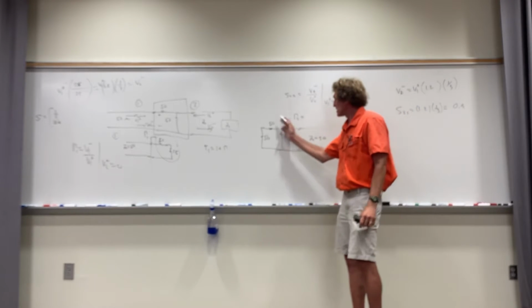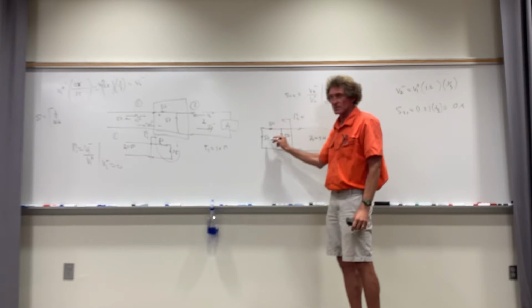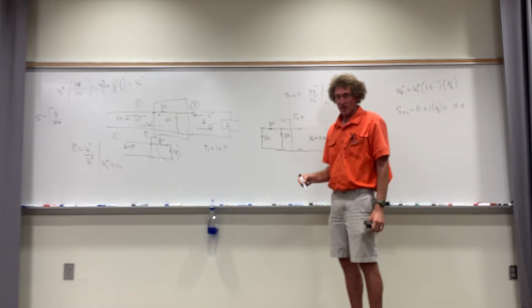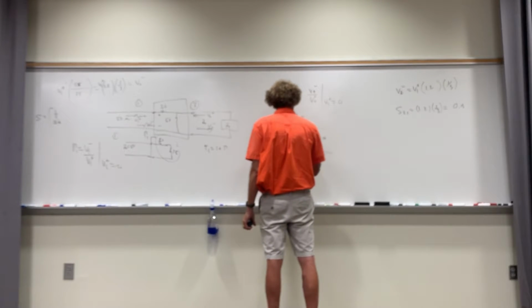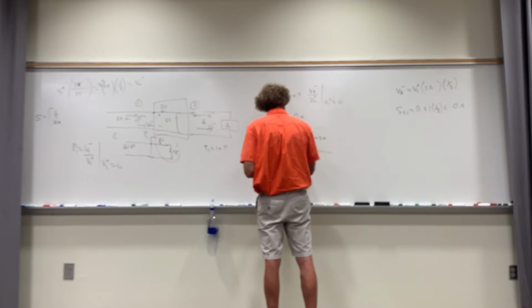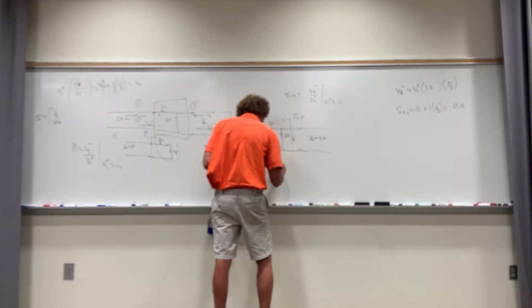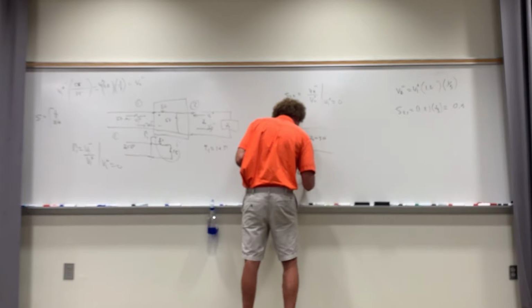So that means I've got 100 in parallel with 50. Do you follow me? Isn't that right? This is 50 in series with 50 is 100, and it's in parallel with 50. Let's call this Zn right here. That would be 100 in parallel with 50, coming from an impedance of Z naught equals 50 ohms.